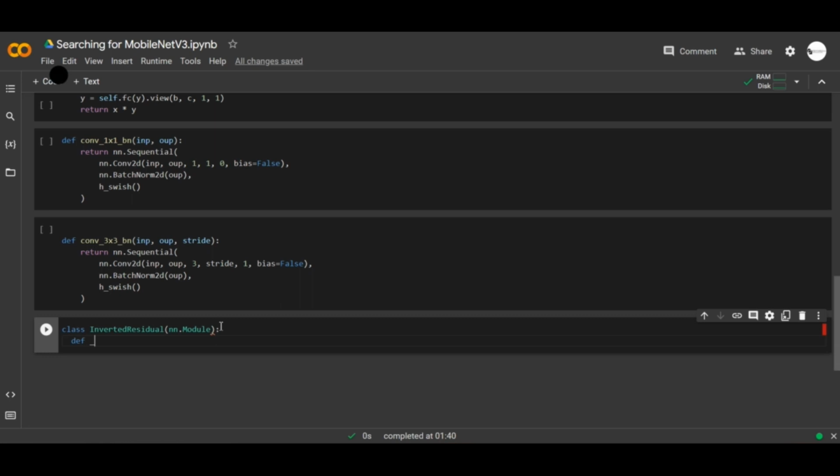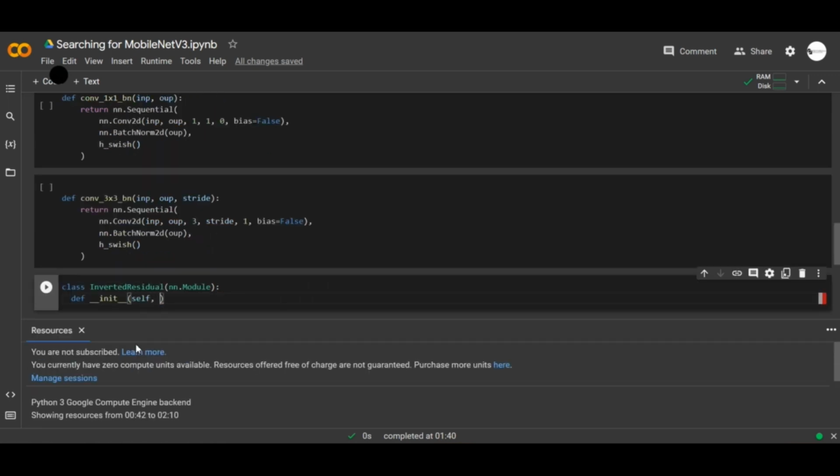Then we're gonna take in def __init__, self, input, hidden dimension, output, should be a comma, output. Then we're gonna take in the kernel size, and we're gonna say use squeeze and excite.